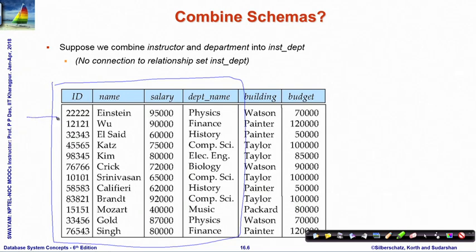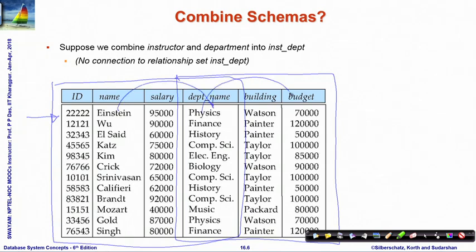So, I have to pick up Einstein from here, do a join based on the department name, dept name, with the department relation, and then only I will be able to find out that Einstein belongs to physics, physics has a budget of 70,000. So, Einstein's department has a budget of 70,000.